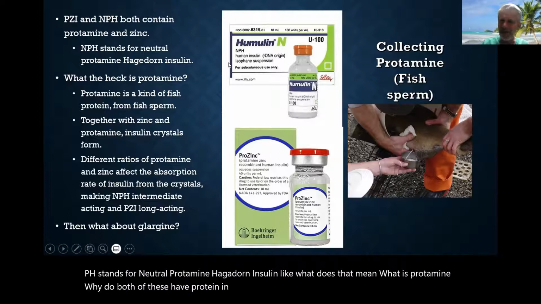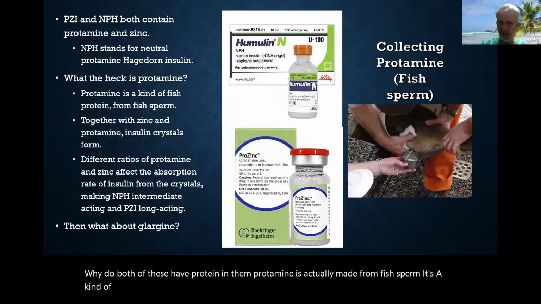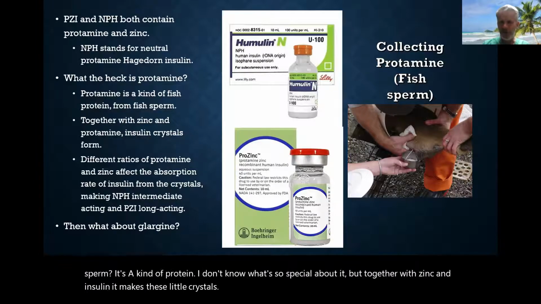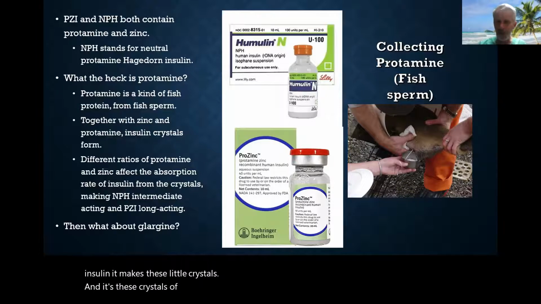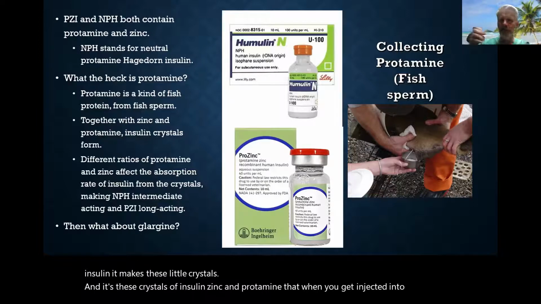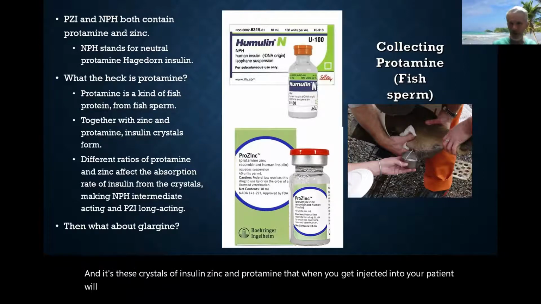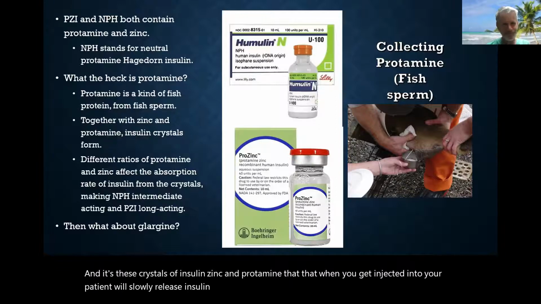Protamine is actually made from fish sperm. It's a kind of protein. I don't know what's so special about it, but together with zinc and insulin, it makes these little crystals. And it's these crystals of insulin and zinc and protamine that, when injected into your patient, will slowly release insulin over 12 hours.